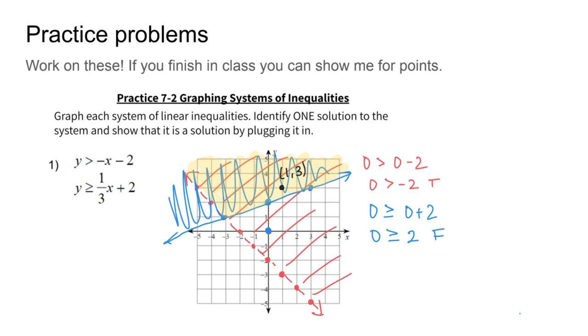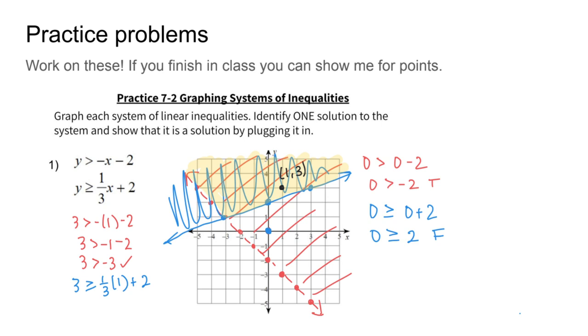So starting with the equation on top, it's going to be 3 is greater than negative 1 minus 2. That's 3 is greater than negative 3. That's true. And now we're going to plug it into the second equation. So it's going to be 3 is greater than or equal to 1/3 times 1 plus 2.